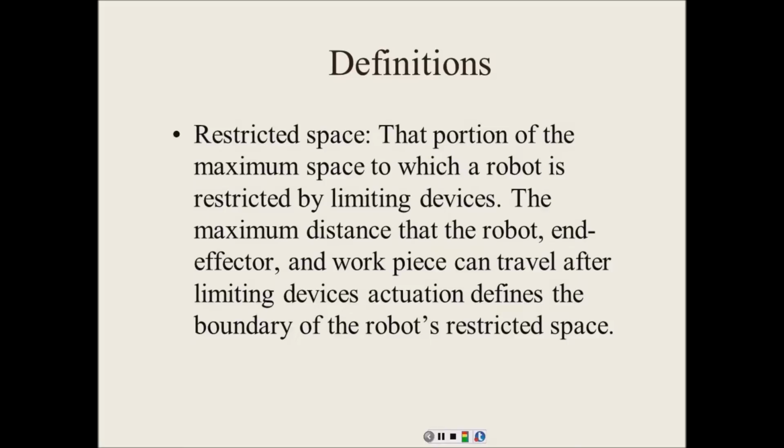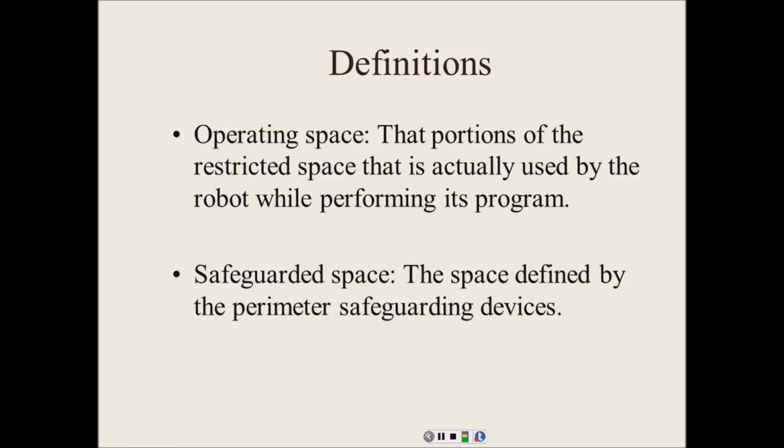Then within the restricted space, we have what we call the operating space. The operating space is the portion of the restricted space where the robot actually operates. So if we look at our robot, these robots can reach out further than what we allow them to do. So we have a restricted space. Ours is restricted by a plexiglass.